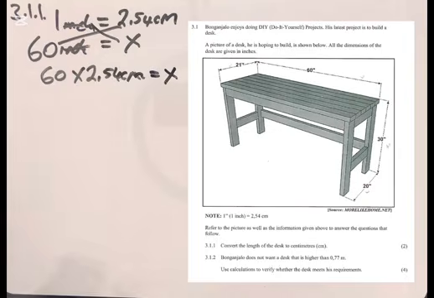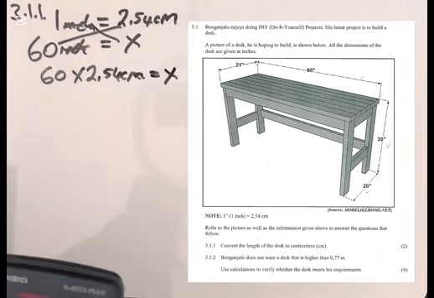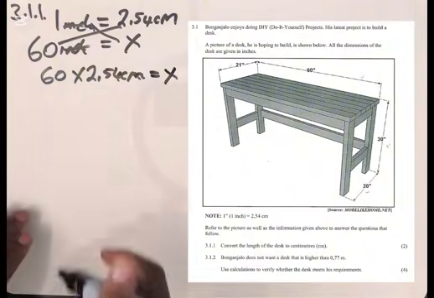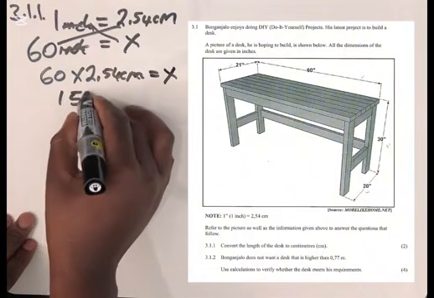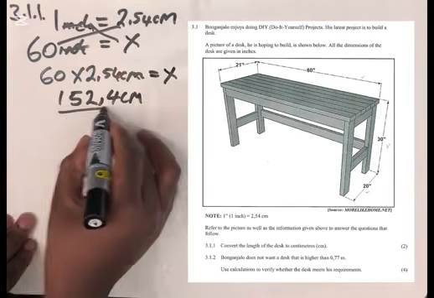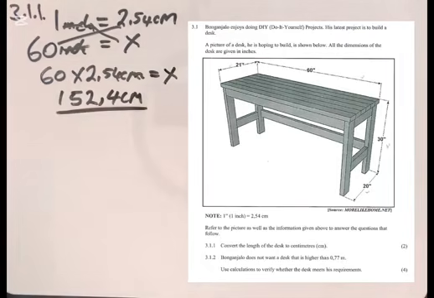You take your calculator: 60 multiplied by 2,54 centimeters. You find that your answer is 152,4 centimeters. We are done. So now we know that when you convert inches to centimeters, you just multiply by 2,54.